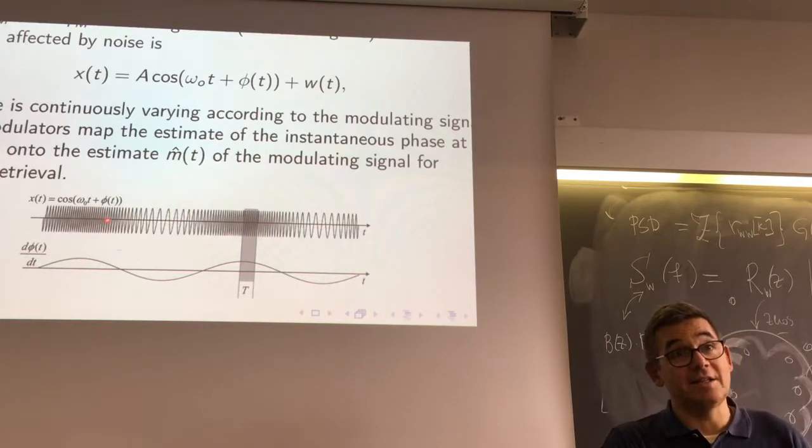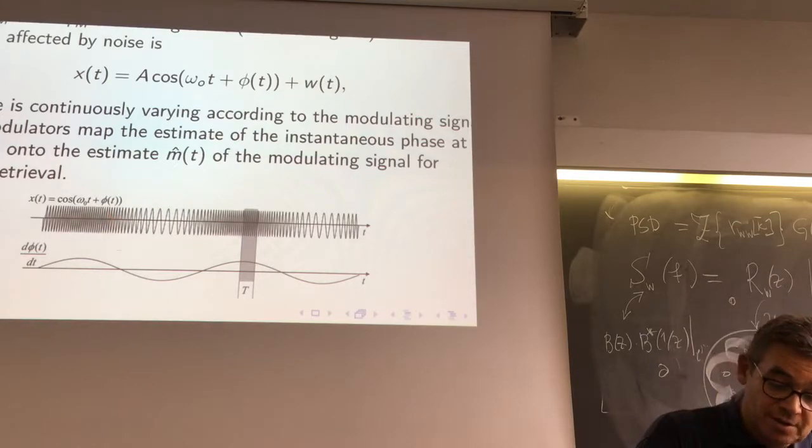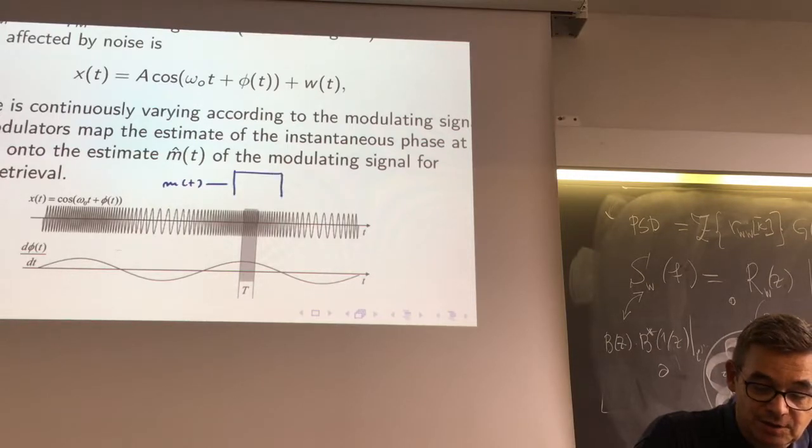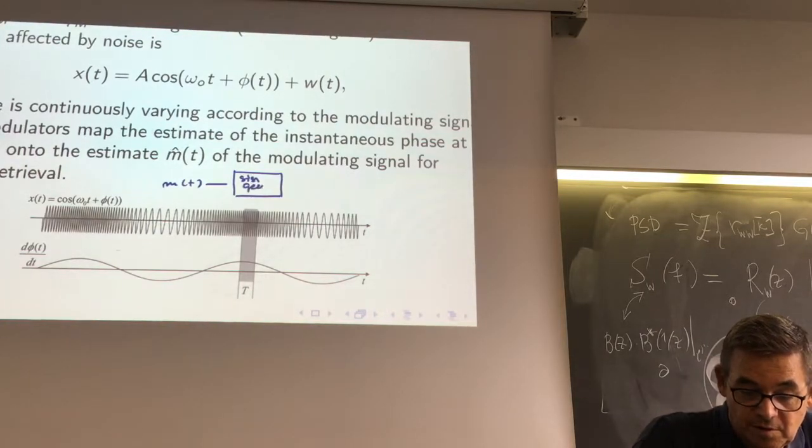The modulated is the one that is experiencing. Okay? So I have m(t), to make it simple, entering into this sinusoid generator, and then the output is x(t).